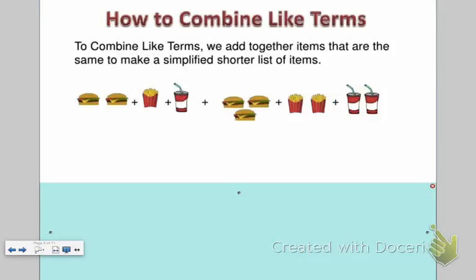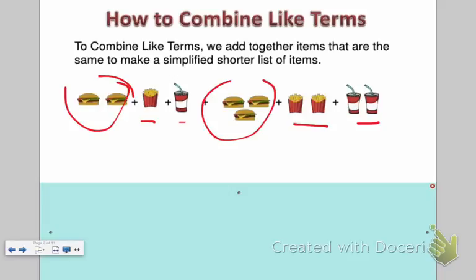When we are combining like terms, we are adding together items that are the same to make a simplified, shorter list of items. For example, let's say you pull up to the drive-thru at McDonald's and you're placing an order. You're not going to place each individual order as 2 hamburgers, an order of French fries, a soda, 3 hamburgers, 2 French fries, and 2 sodas. Right?